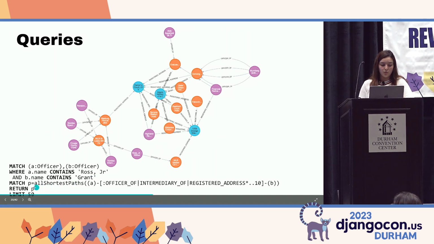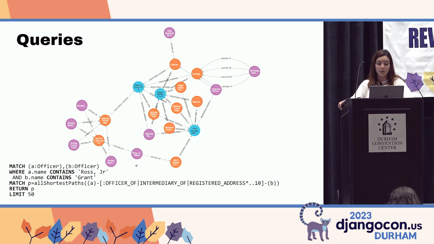And this is how we use allShortestPaths. And this will give you all the shortest paths navigating with these relationships, with a maximum length of 10. And then we return it. So it's quite interesting how we can visualize the data.